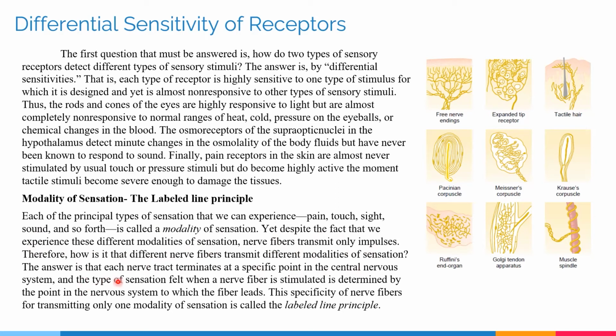The answer is that each nerve tract terminates at a specific point in the central nervous system, and the type of sensation felt when a nerve fiber is stimulated is determined by the point in the nervous system to which the fiber leads. This specificity of nerve fibers for transmitting only one modality of sensation is called the labeled line principle. Thus, essentially, the signal itself is not important, right? The location where the signal is being transmitted in the central nervous system is important.